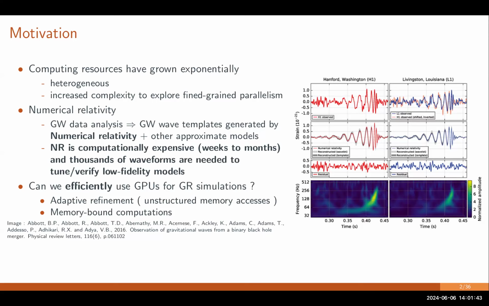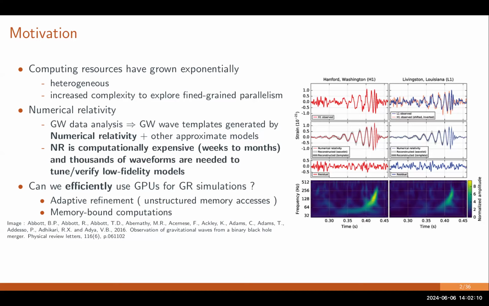Also, I think everyone here knows better than me about the role of numerical relativity in gravitational wave data analysis. The key thing is we need numerical relativity to tune all these other surrogate models. And the main point is numerical relativity is very expensive.